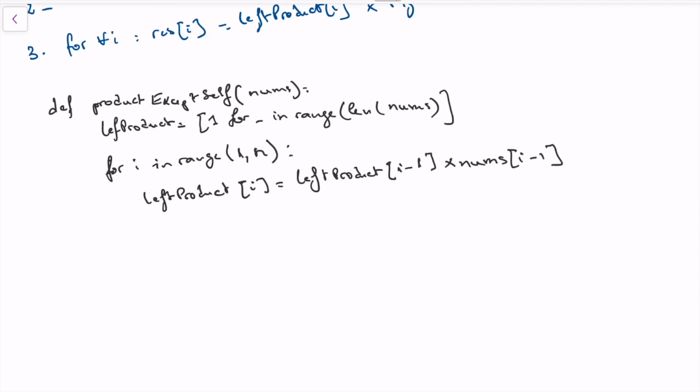And we do a similar thing for right product, which would be 1 also, initialize it to 1. Same thing, range of length of numbers.